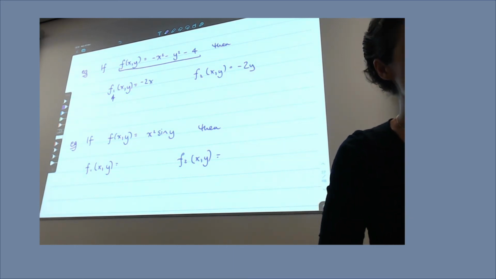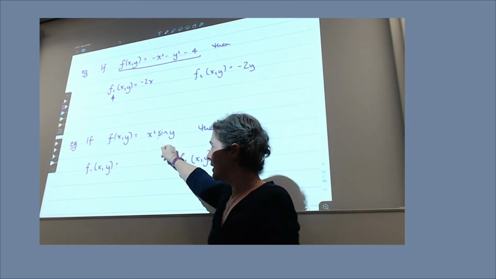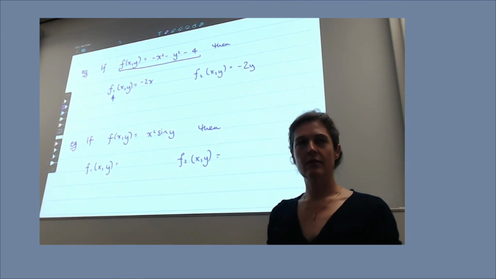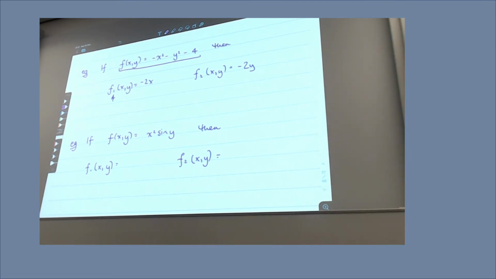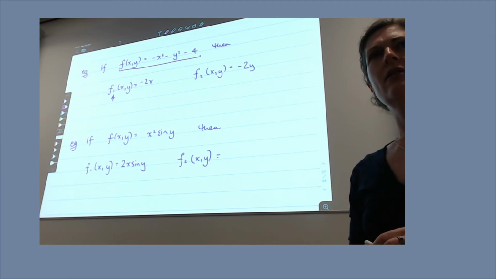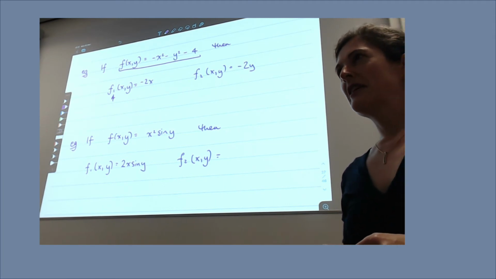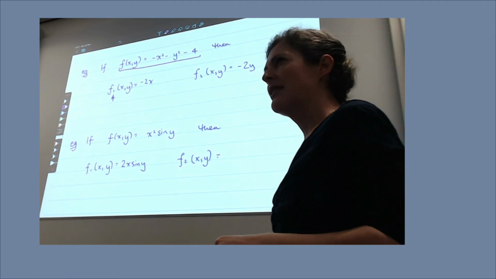But let's just check this. All right, so what's my derivative of this function with respect to x? 2x sine y. Okay, so I'm hearing a 2x sine y. Do we get any advance on that? Okay. Does it make you feel twitchy? Why is it making you feel twitchy?